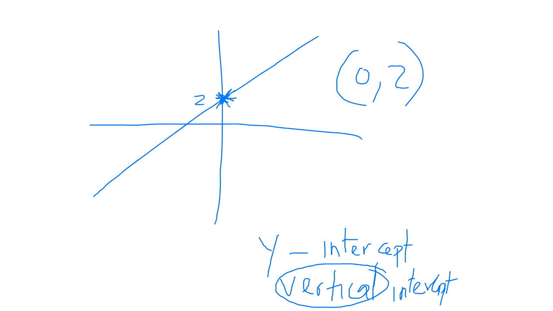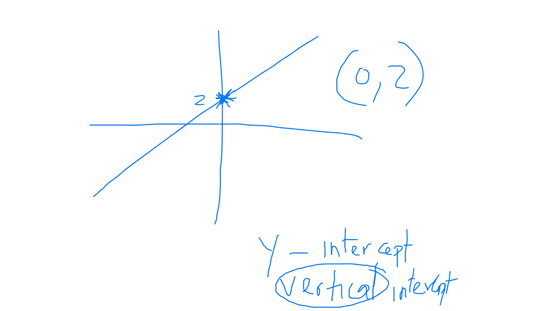Because the point is on the vertical axis or the y-axis, you know that x is 0. So x is always 0 for the vertical or y-intercept.